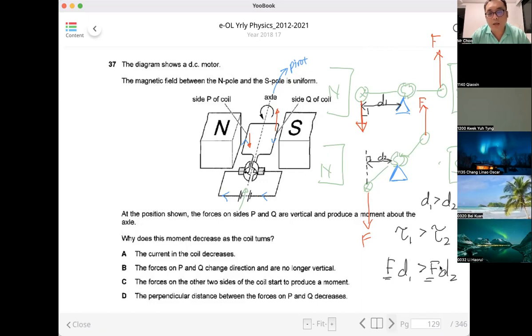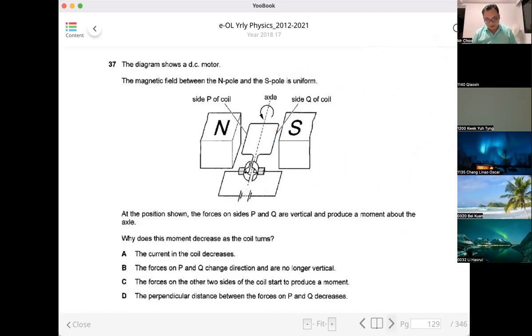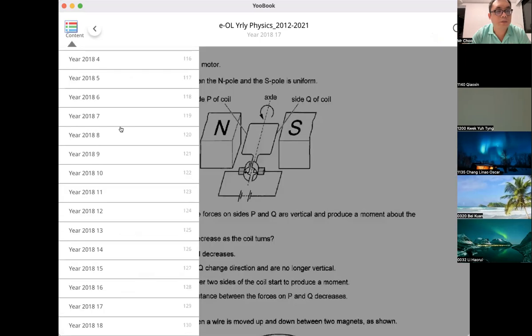Because the distance goes down, the moment will go down as well. All right, so this is what this question is doing. Okay, is it difficult for you? Okay, let's continue. Next question.